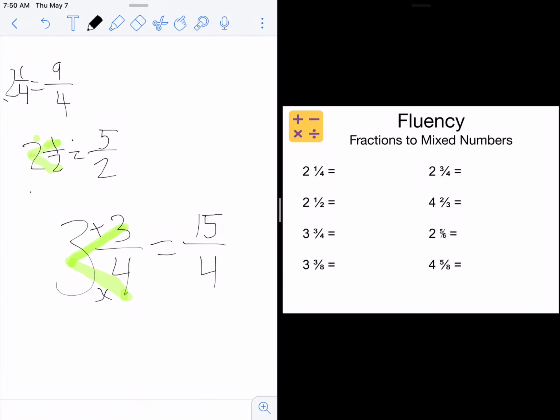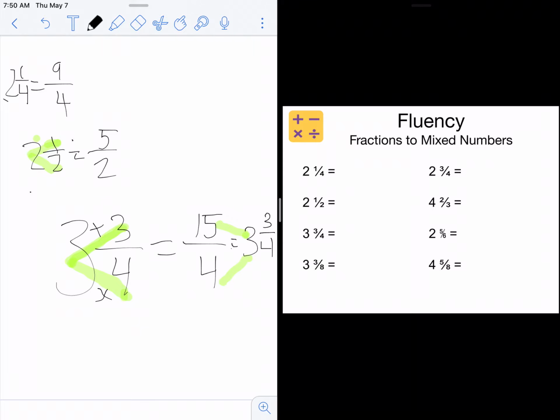To check your answer, how many times does 4 go into 15? 3 times. 4 times 3 is 12, plus 3 more is 15.